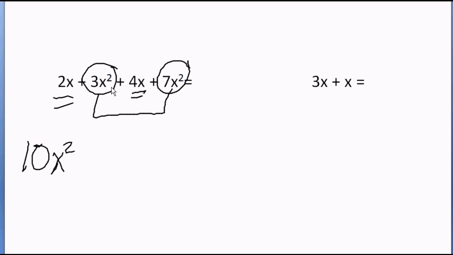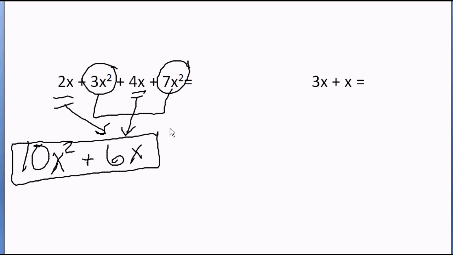Then don't forget, we still have 2x plus 4x. These are like terms. 2 plus 4 is a positive 6x. My answer is 10x squared plus 6x. And it is customary to keep the highest power x first in order.